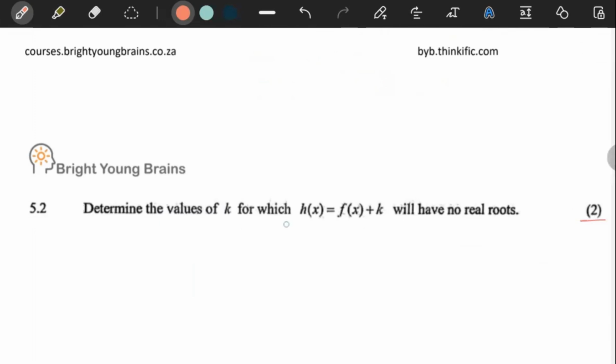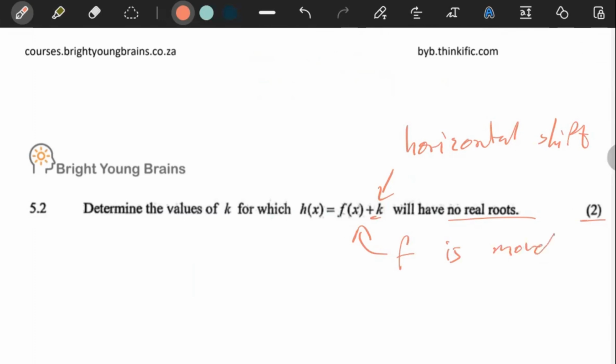Determine the values of k for which this equation will have no real roots. So this is just a horizontal shift. So to simplify it even further, let's just say here f is moved up or down. So what they're saying is that f is moved up or down to form a new graph.